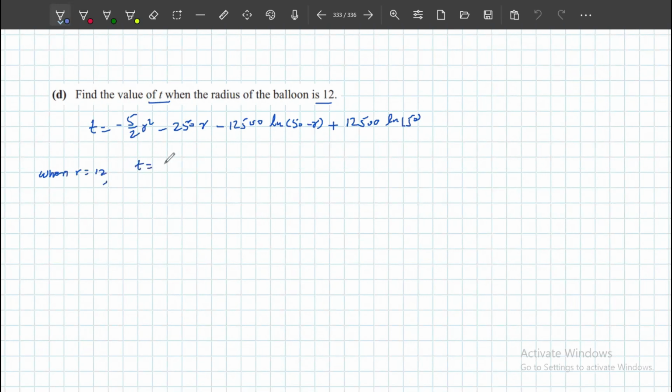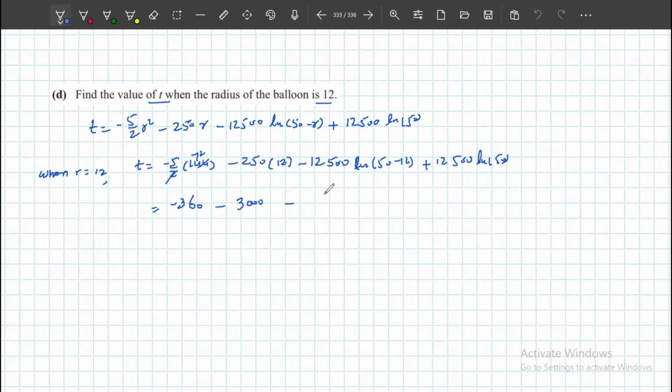So it gives me minus 5 over 2 times 12 square, which is 144, and then 250 times 12, minus 12,500 log of 50 minus 12 plus 12,500 log of 50. Here we can cancel with 72, so 72 multiplied by 5 gives me 360, and 250 multiplied by 12 is equal to 3000.